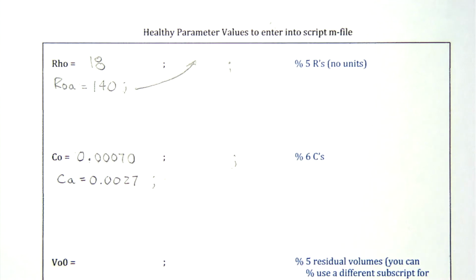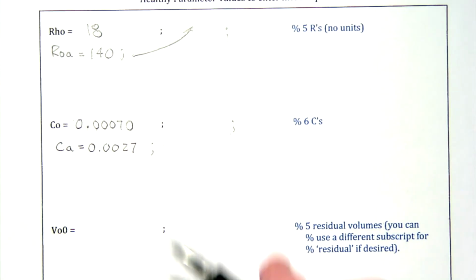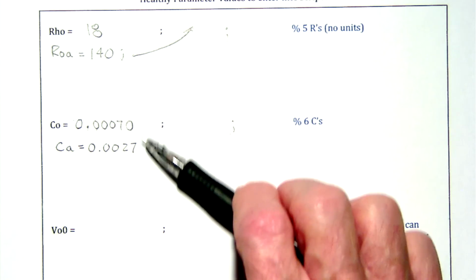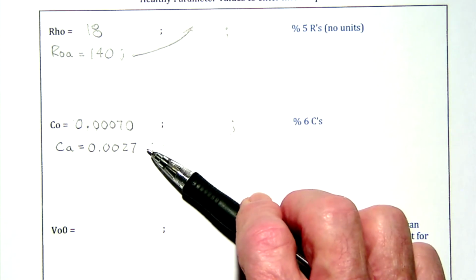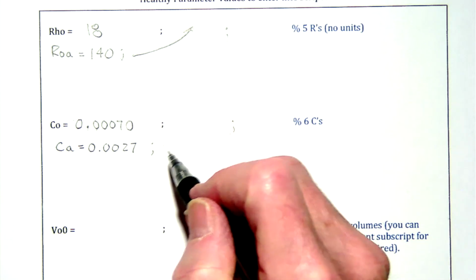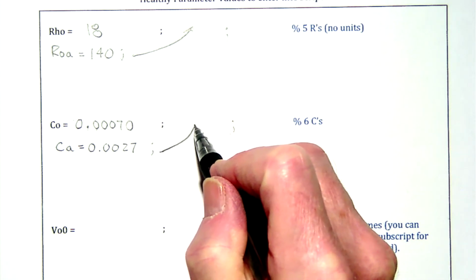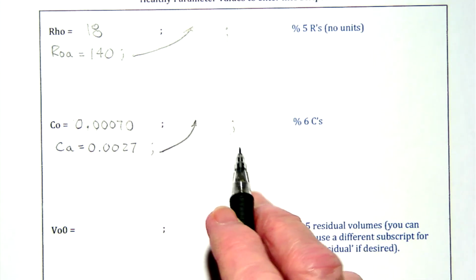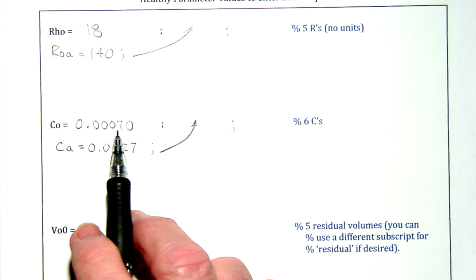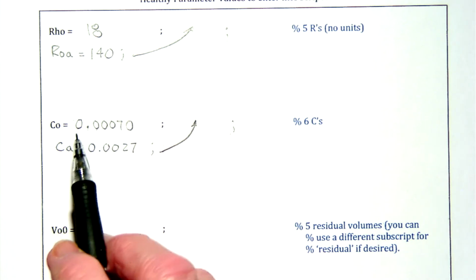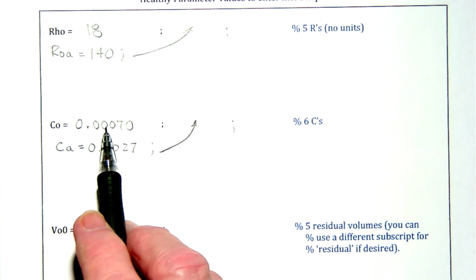Going on to the compliances, I've shown two of my compliances here. Yours will be a little bit different than mine, but if they're in the same ballpark, they should work. Once again, if you wanted to save some space, you could put two entries on the same line separated with a semicolon. Notice that there are a lot of zeros behind that decimal point. So when you type this into MATLAB, be careful that you keep the right amount of zeros there.